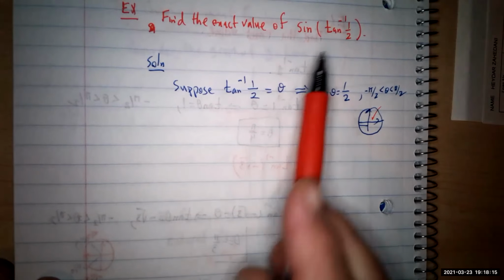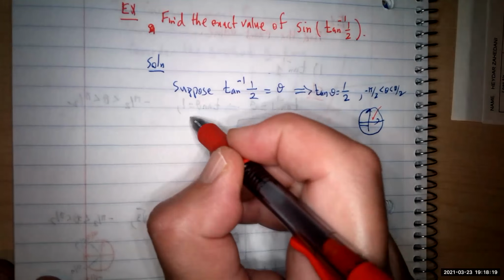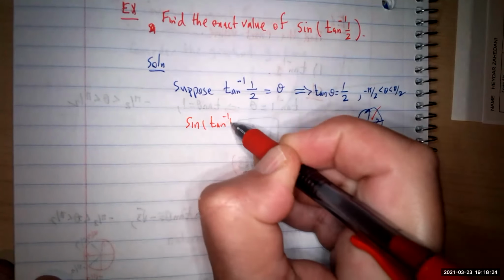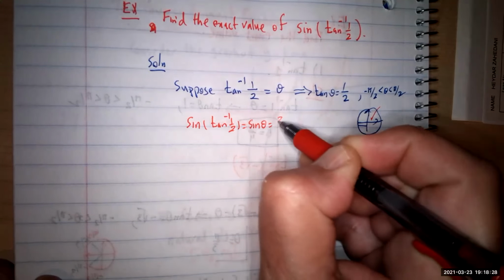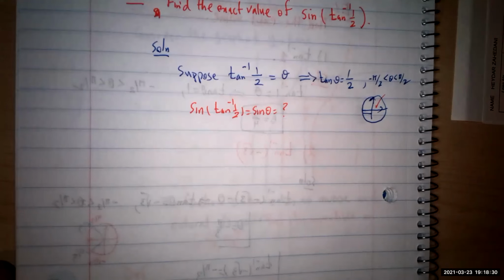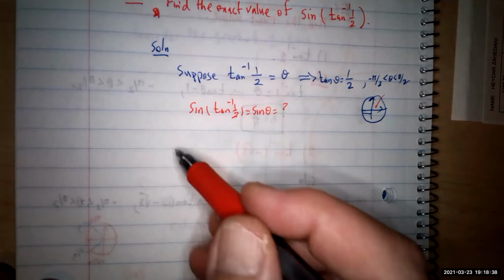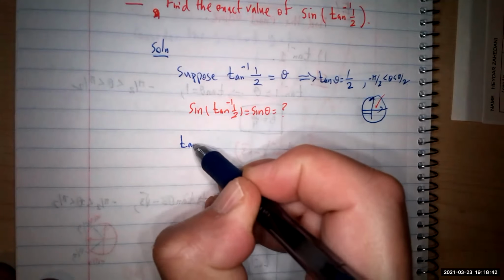Now what do you want? Sine of the tan inverse of 1/2, which would be the same as sine of theta. So you have the tangent and you want to find the sine. What we're going to do is get your right triangle.